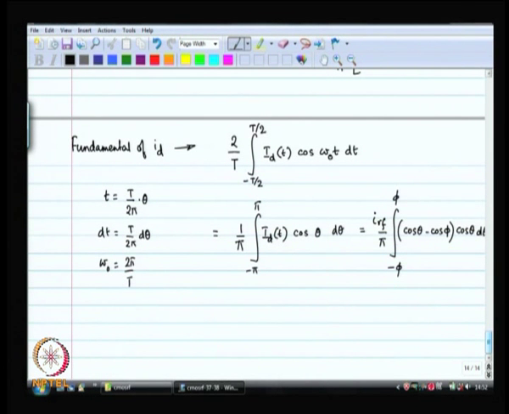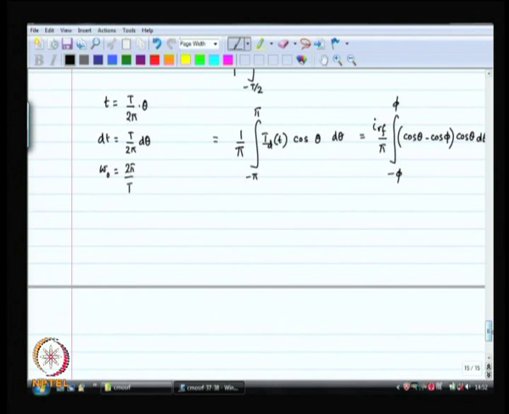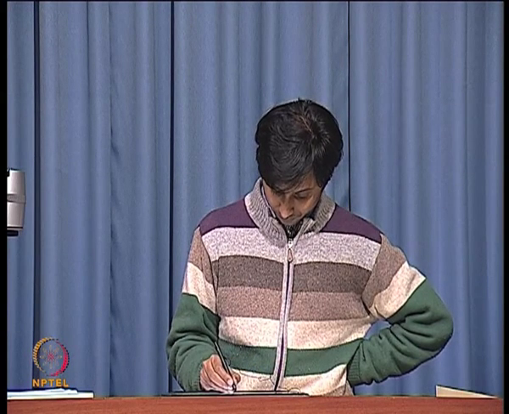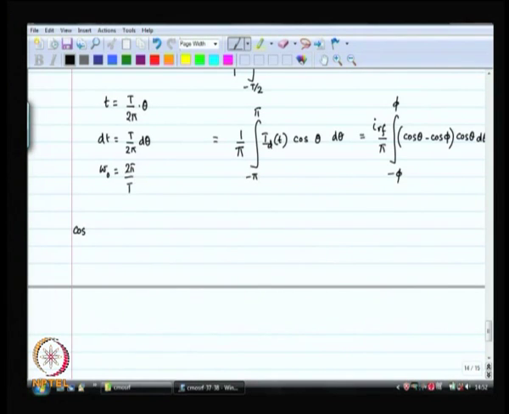Now, you break up this integral, it is a little involved. You have got cos square theta. Cos square theta is, right.